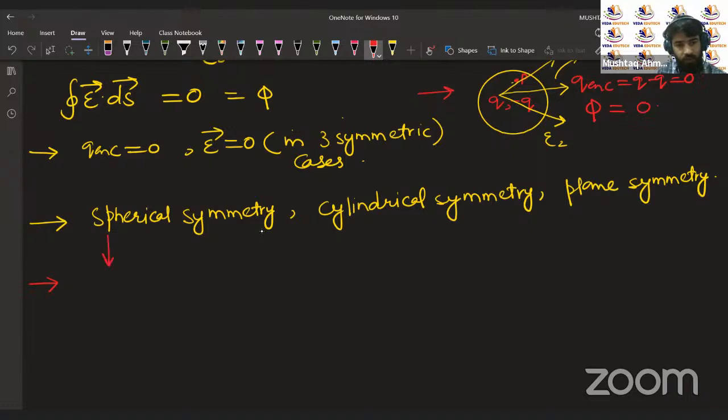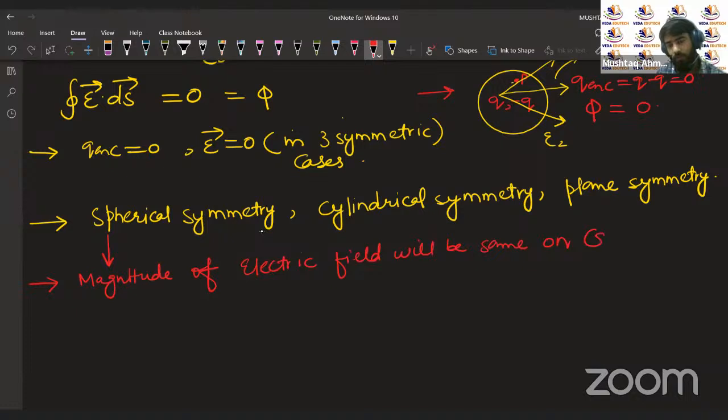The magnitude of the electric field will be the same on the Gaussian surface, right?